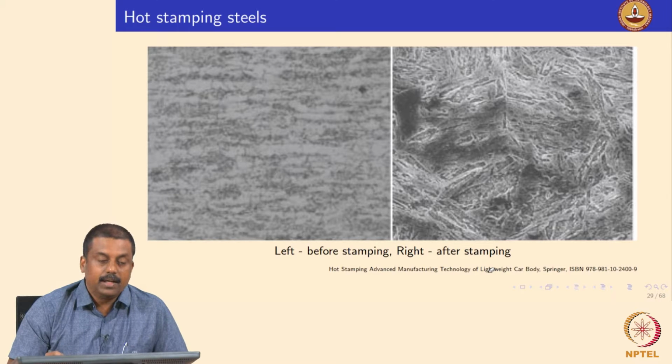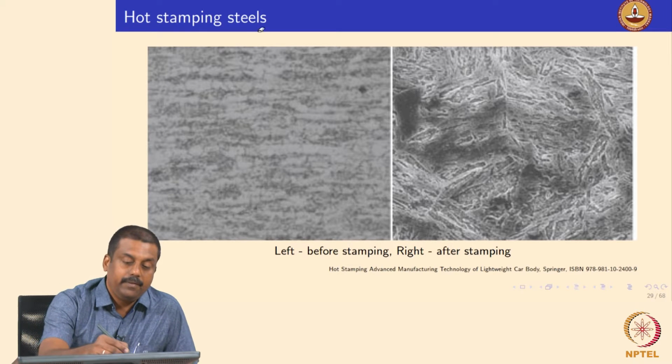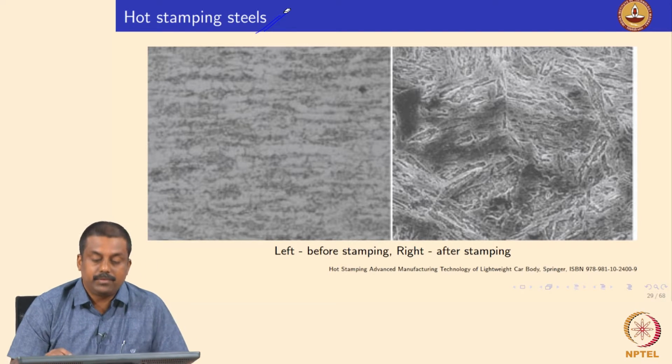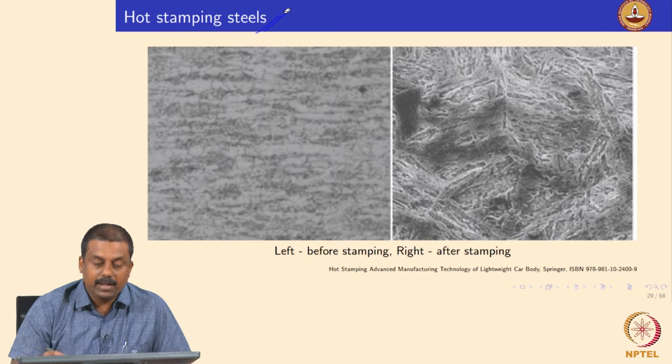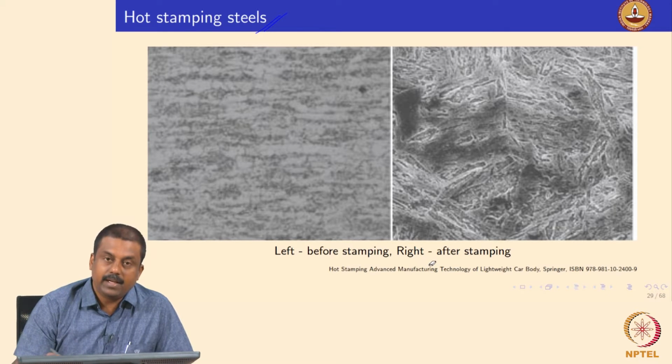And the third generation, the third significant improvement in terms of strength we achieved in automotive steels, is by martensitic microstructure.